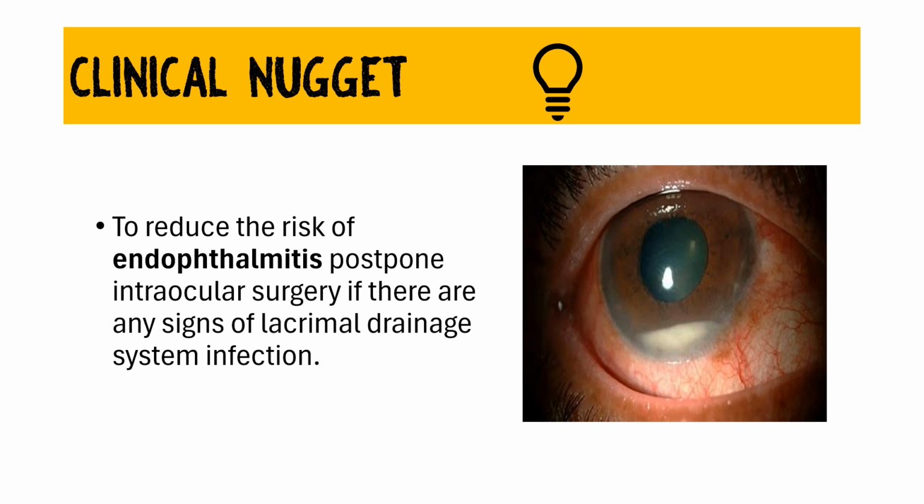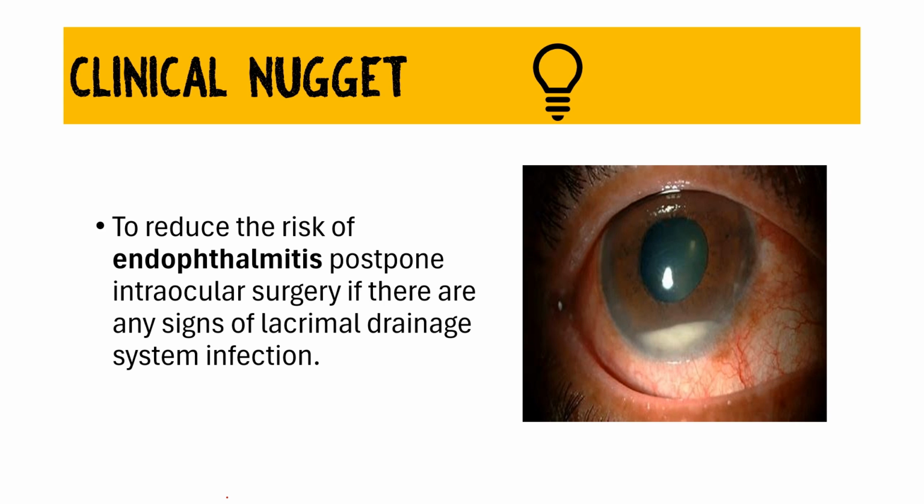Either you have done a regurgitation test and there is a regurgitation of clear fluid, mucoid fluid, or purulent fluid, it does not matter, from the canaliculi, you have to postpone your surgery, because if you proceed with the surgery, the infection is going to spread not just to the conjunctiva but within the ocular fluids, that means your aqueous humor and your vitreous humor, leading to development of endophthalmitis. And such endophthalmitis does not just stop at endophthalmitis, it can also involve the various coats of the eye and lead to development of panophthalmitis.